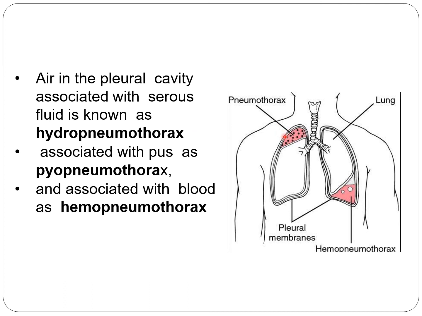When along with air there is a collection of pus, that is called a pyopneumothorax. When it is a collection of blood and air together, it is called a hemopneumothorax. Hemo means blood. This is the hemopneumothorax, a collection of blood and air. When there is water instead of blood, we call it hydropneumothorax.